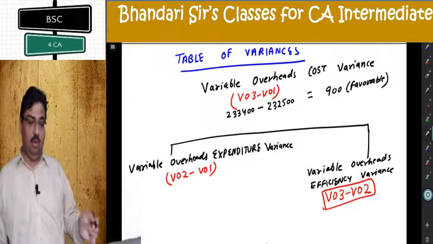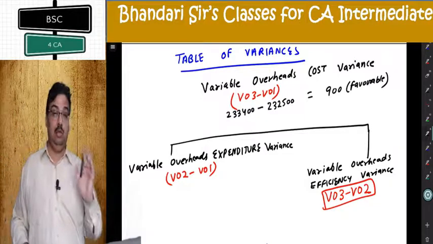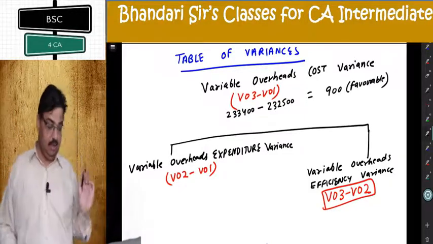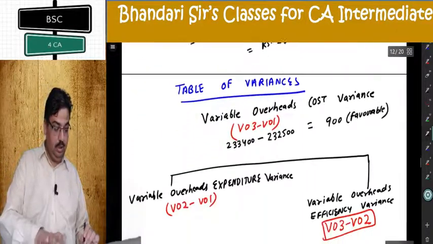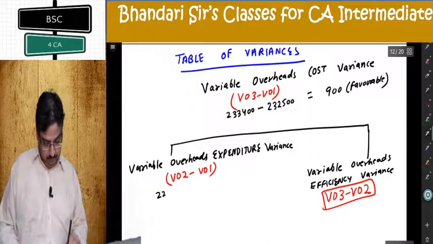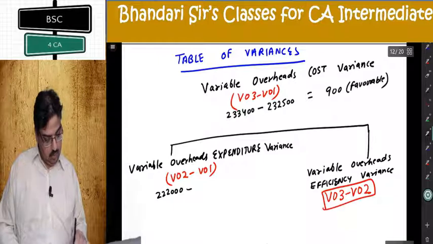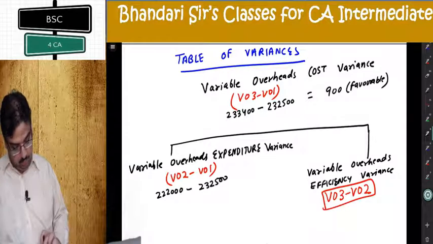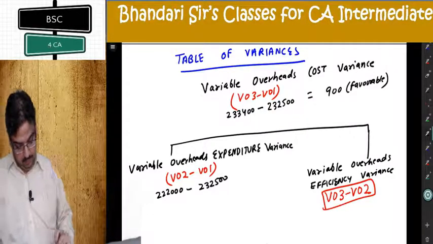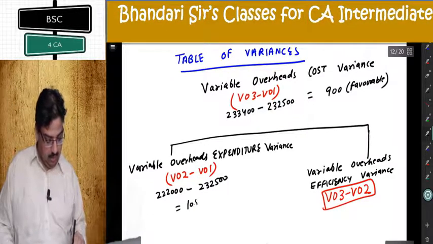Similarly, expenditure cost variance he has not asked me at all. He is asking efficiency and expenditure only. VO2, 2,22,000 minus 232,500, 10,500 adverse.